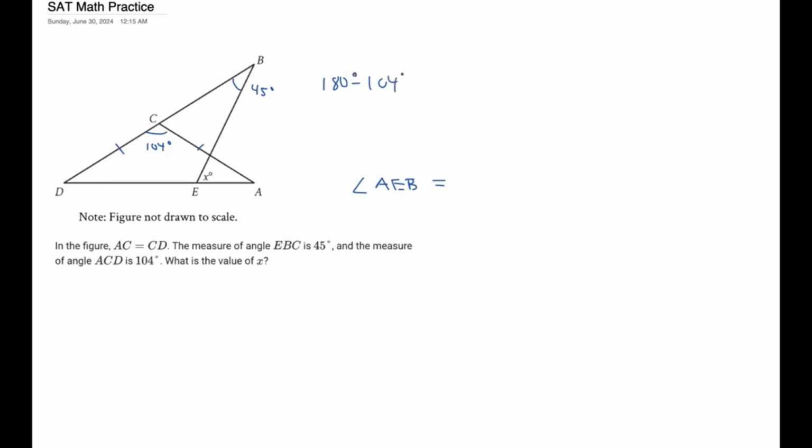So that gives us 76 degrees between those two angles. And so we can divide that in half, and we get 38 degrees. So we know each of these angles, so angle A is 38 degrees, and angle D is also 38 degrees. Okay, so that's one step of the puzzle.